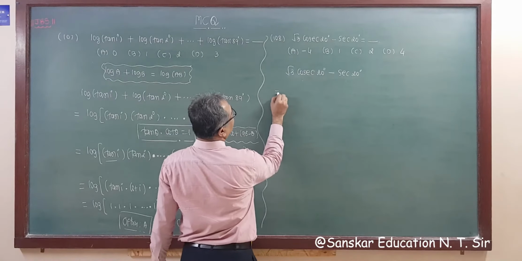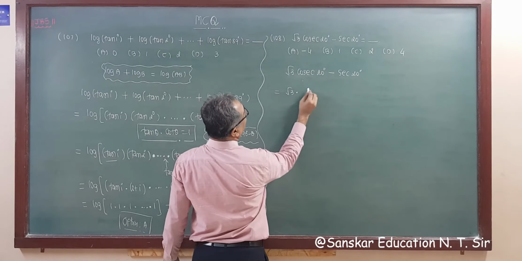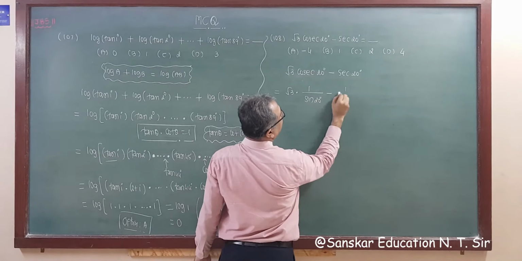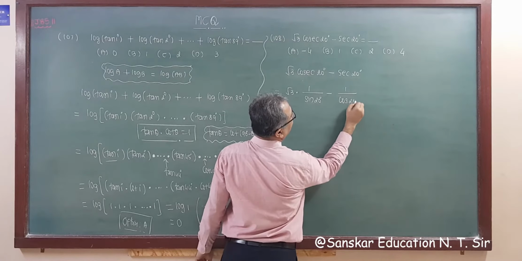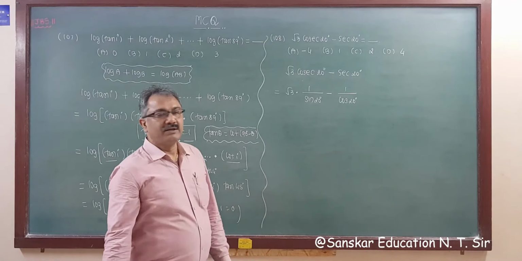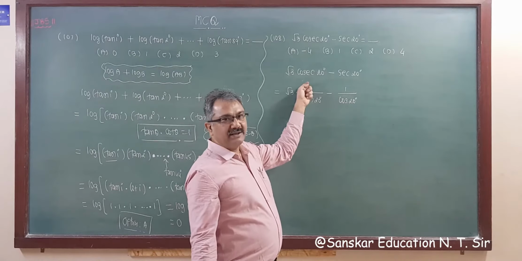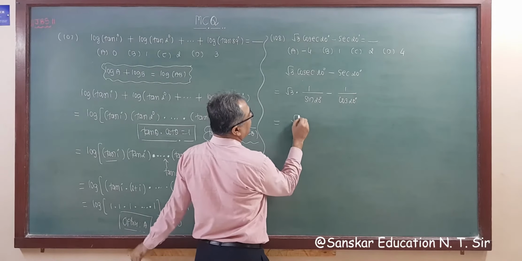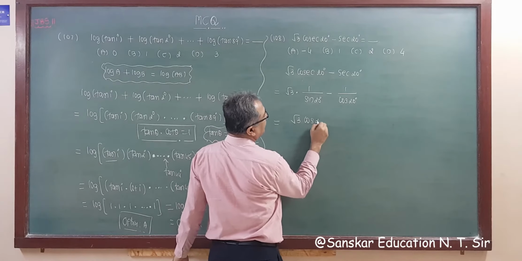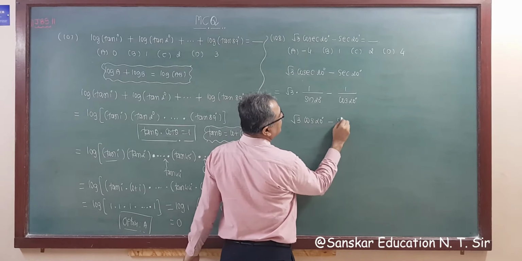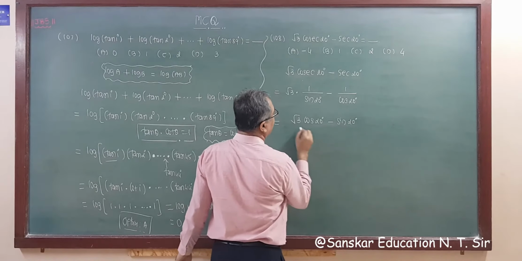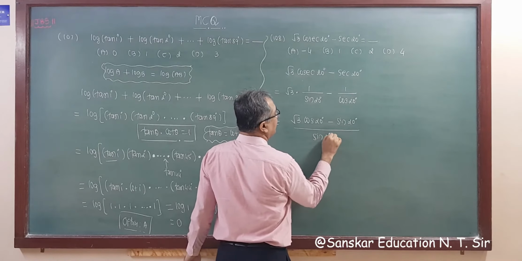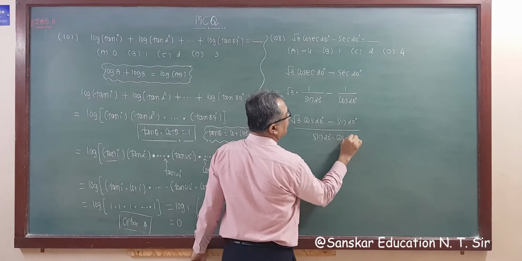So we get √3 into 1 upon sin 20 degree minus 1 upon cos 20 degree. Taking the LCM, this will be multiplied here and this here. So we get √3 cos 20 degree minus sin 20 degree, whole upon sin 20 degree into cos 20 degree.